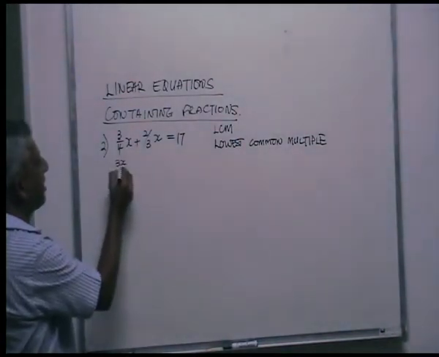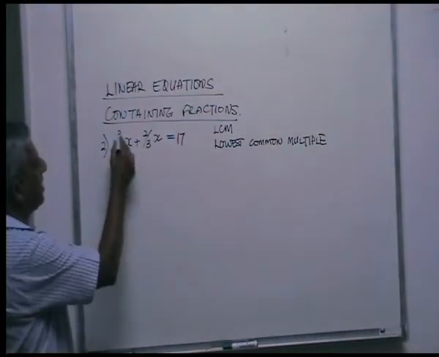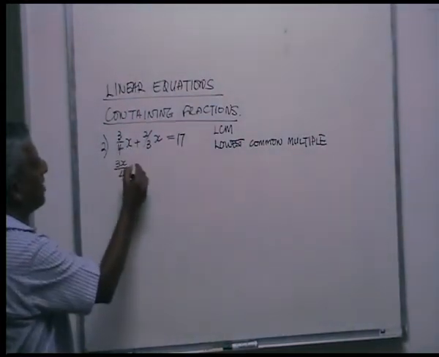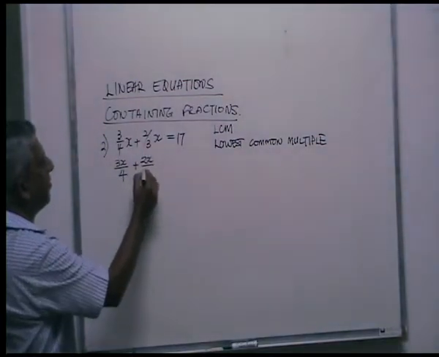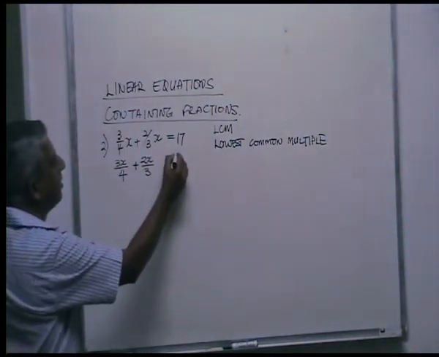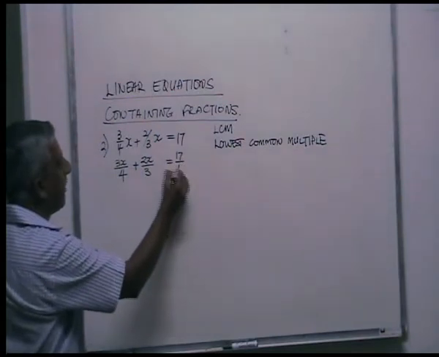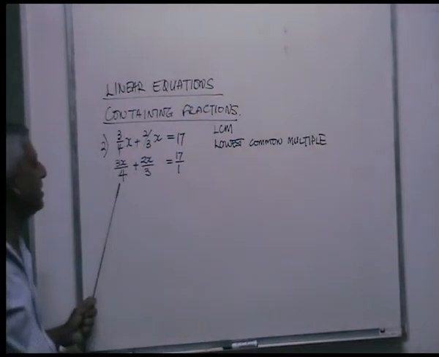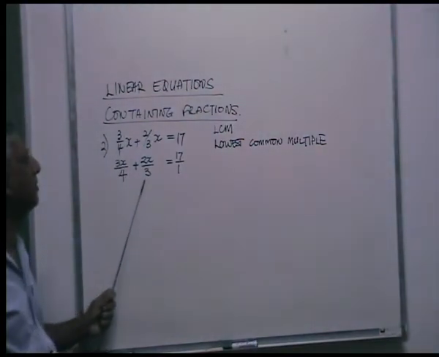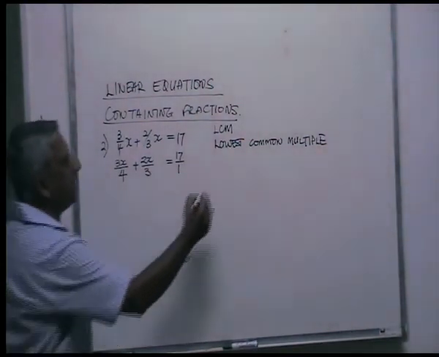It's better to rewrite it as 3x over 4. You see, 3 times x all over 4 plus, it's better to rewrite this as 2 times x, 2x over 3 is equal to 17 over 1. So now you wrote it. You can see the denominator is 4, the denominator is 3.